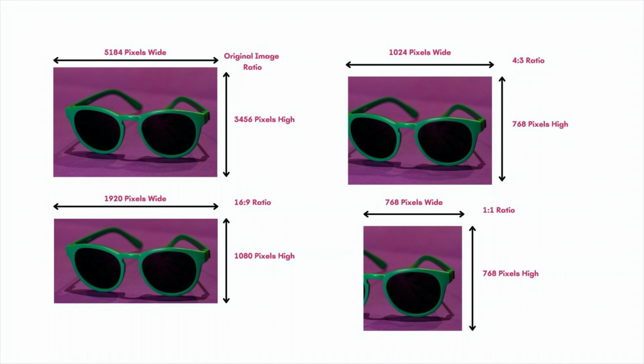So why are ratios important? Well, there's two reasons. One, if you upload a photo which is not at the right ratio for the space you are uploading it to, you can risk the image being cropped in a way that is not desirable. For example, part of your product may get cut off. The second reason is that if you have images of all different ratios on your site, it just doesn't look professional or consistent.